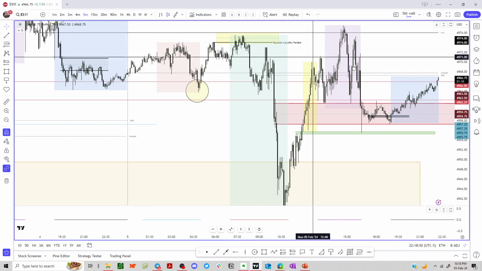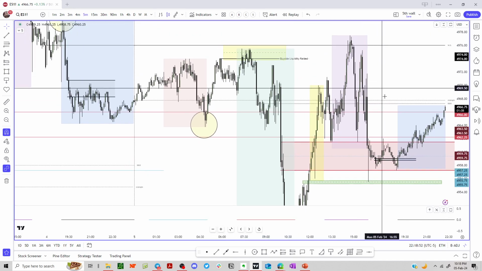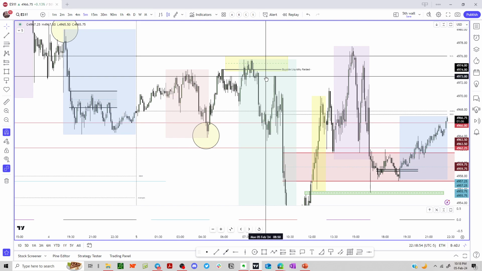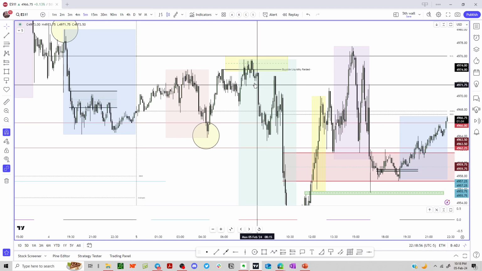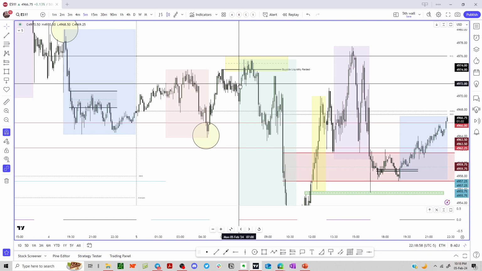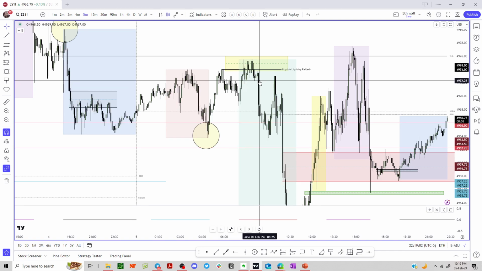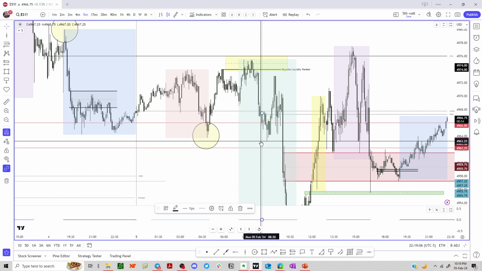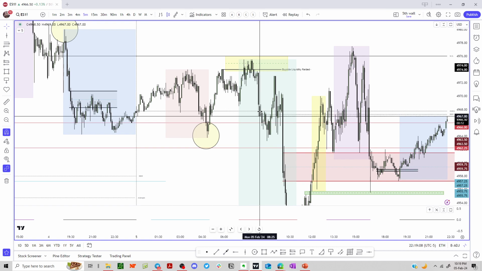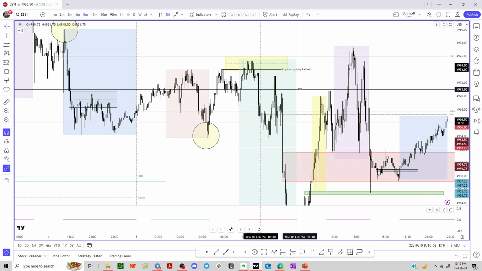Okay, so there's a silver bullet trade between 7:30, I'm sorry, 7 a.m. and 8:30. Let's see if we can trade that. Okay, that's 8:30.